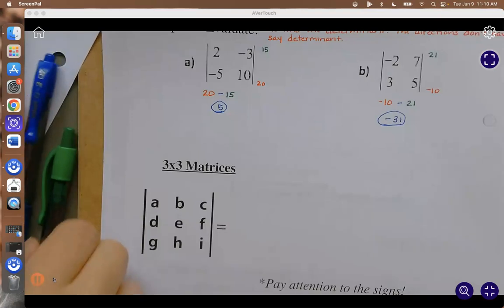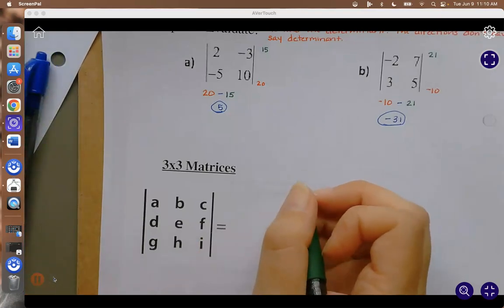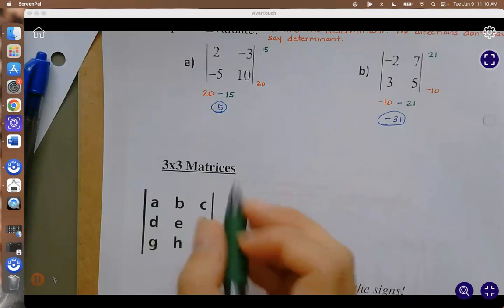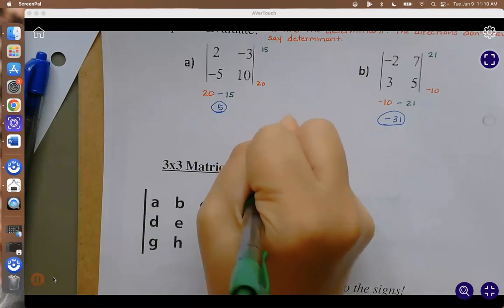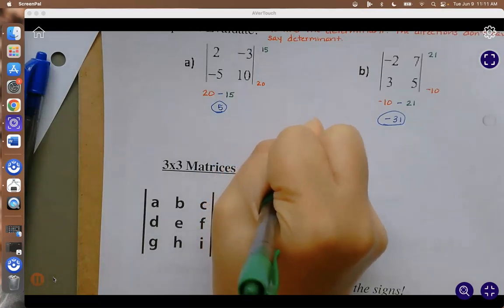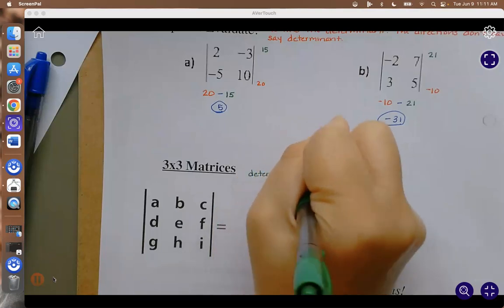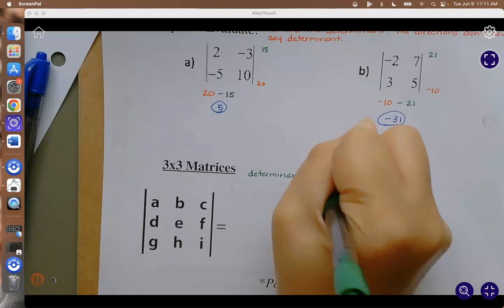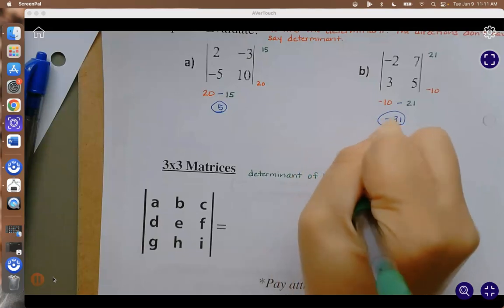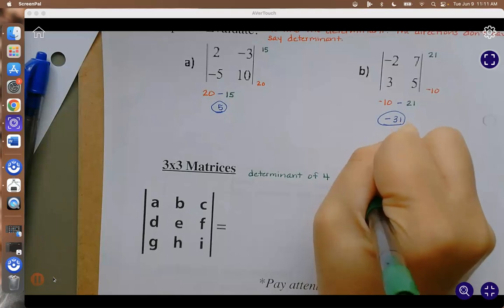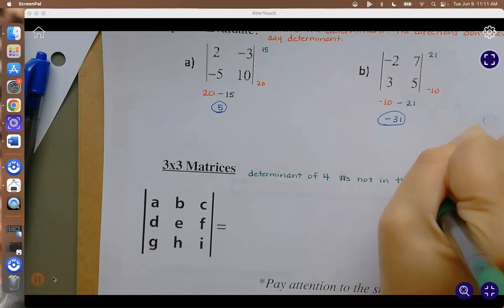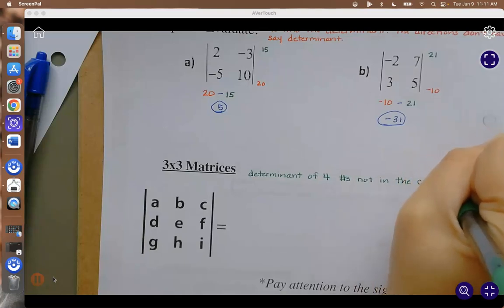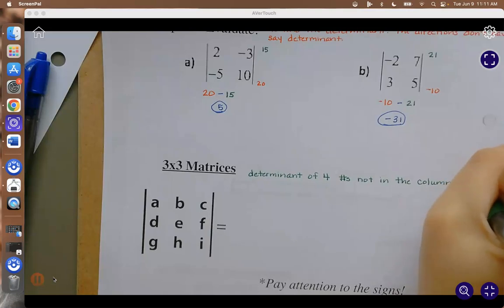Okay, so a 3 by 3, the determinant of 4 numbers not in the column with the scalar.